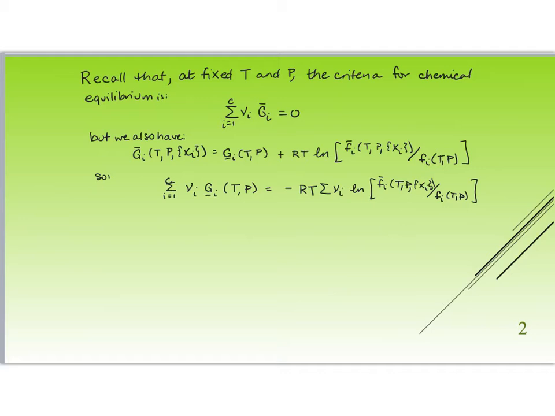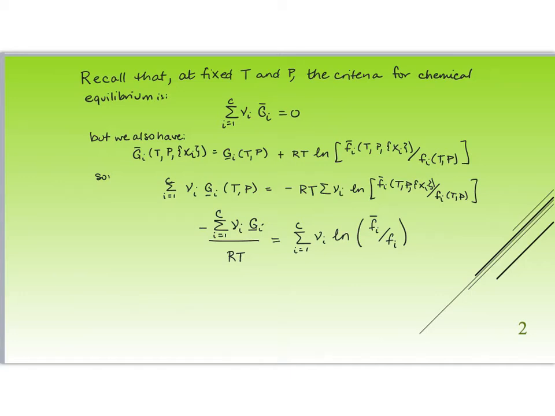Now, we can rewrite this just a little bit simpler by first suppressing the dependence on temperature, pressure, and composition. We can come back and refer to that whenever we need to. So moving the negative RT to the left-hand side, this is our expression.